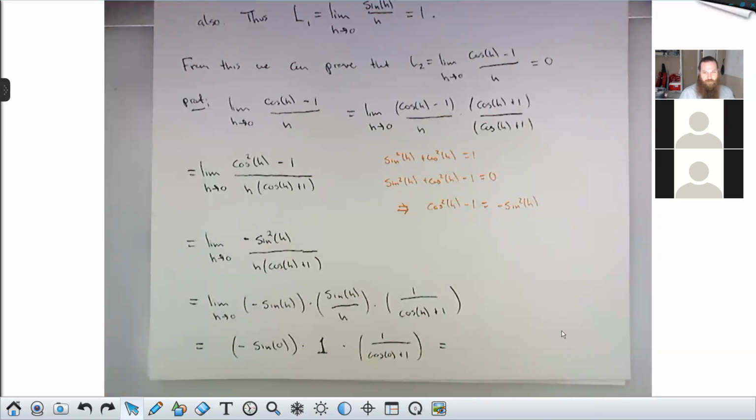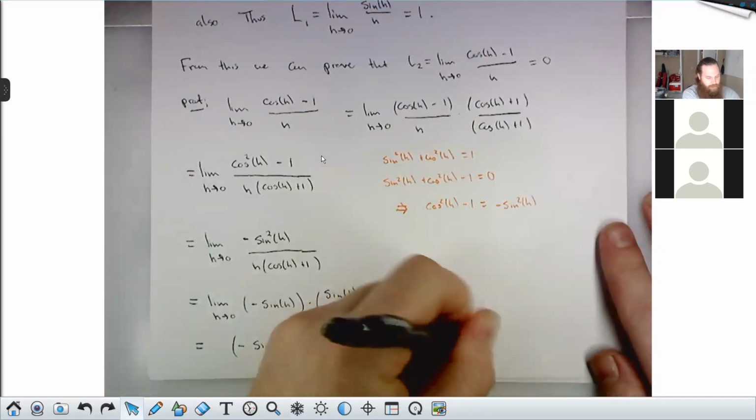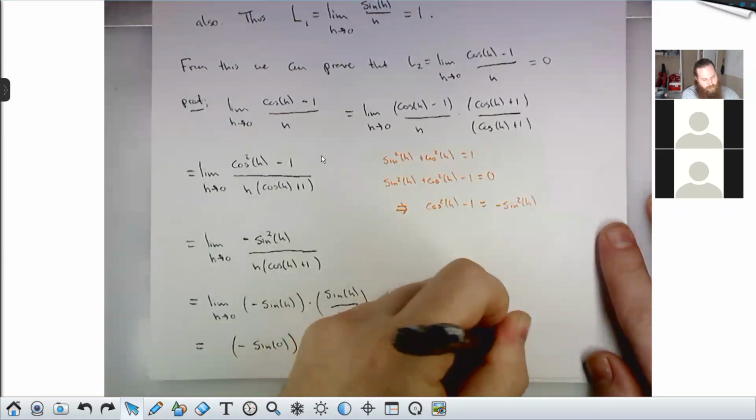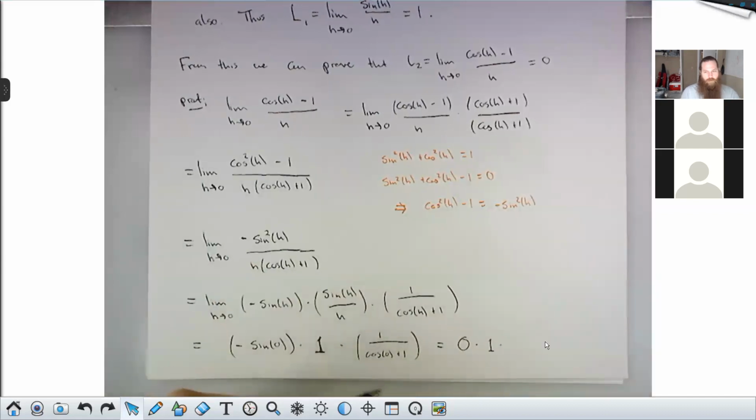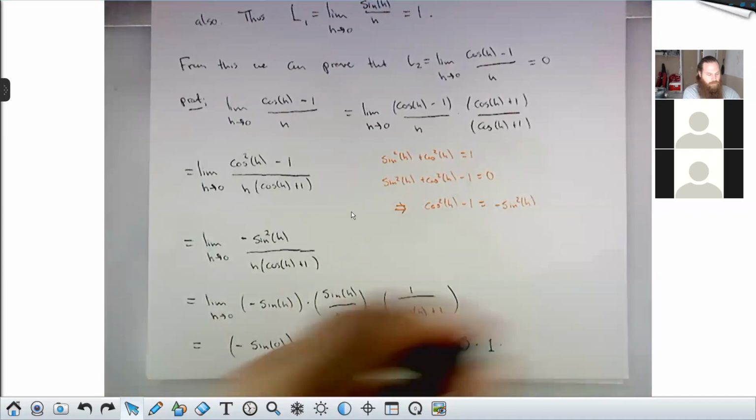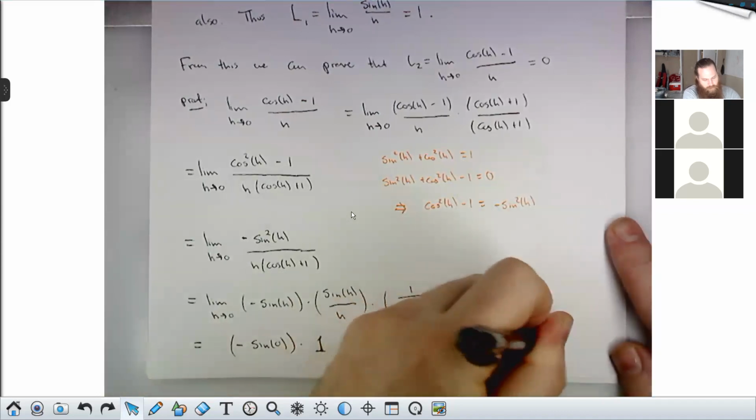So I've got some tricks for the unit circle. Yeah, it's 0. So this is 0 times 1 times 1 over the cosine of 0, which is 1, plus 1. So it's 0 times 1 times 1/2, which is 0.